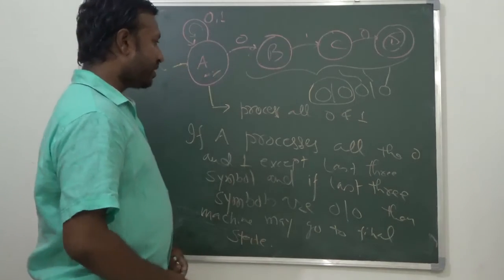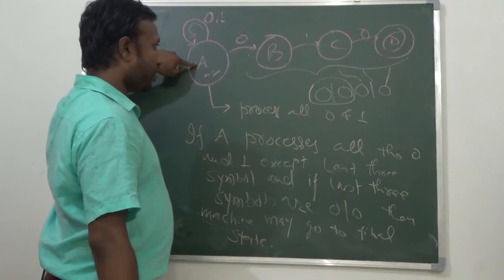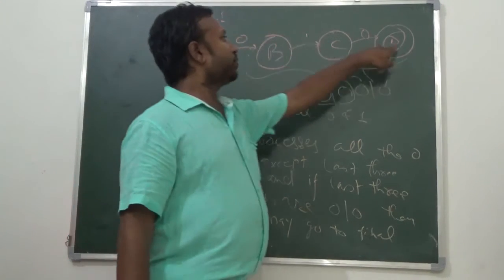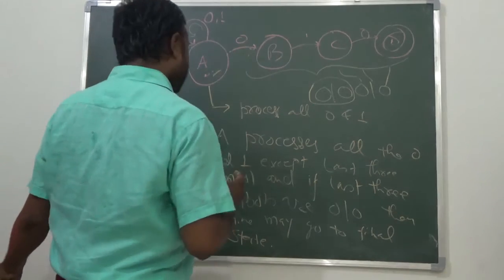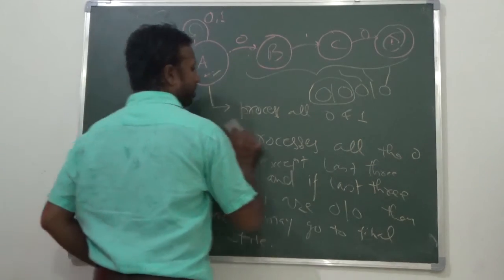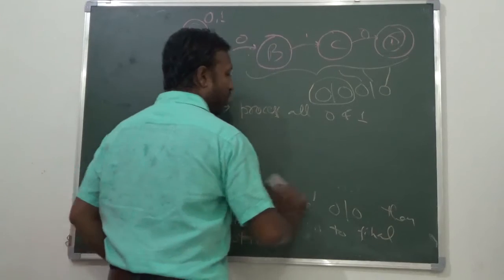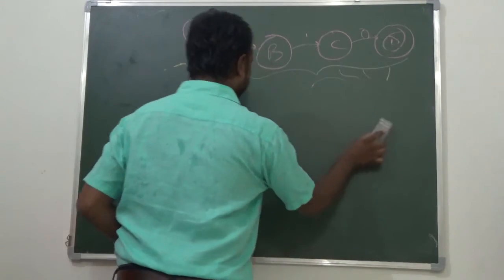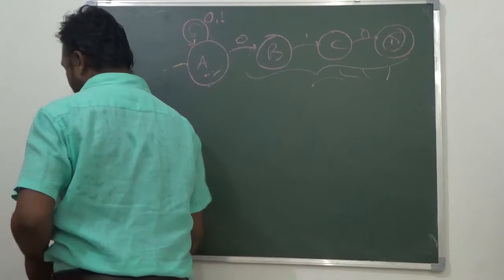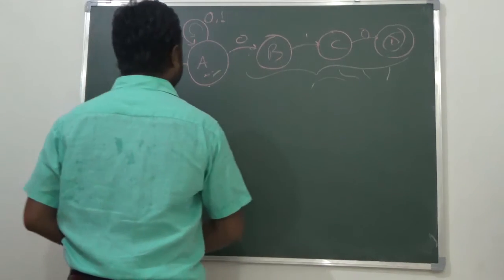Then there is a chance that we can go from the start state to the final state, right? So if this is happening, then this machine will accept all the strings ending with 0, 1, 0.